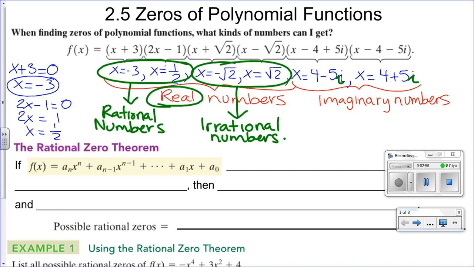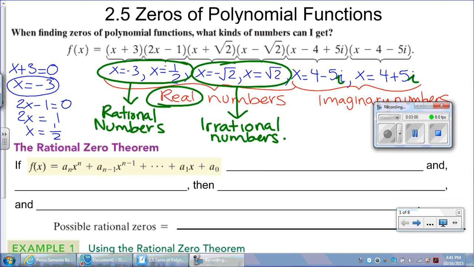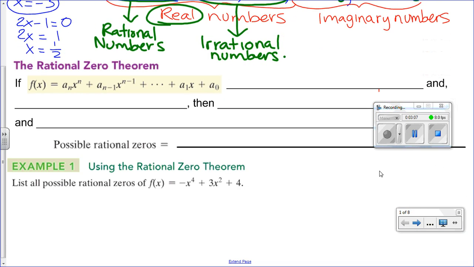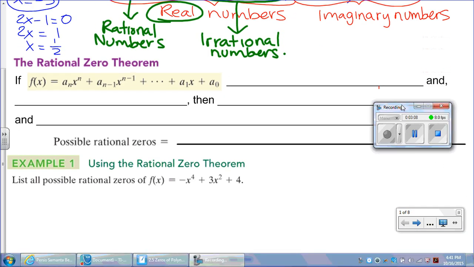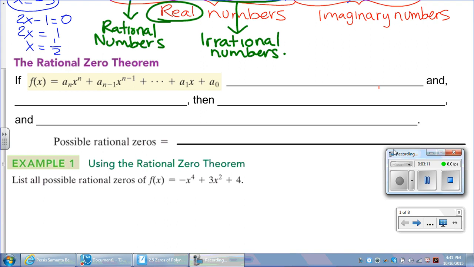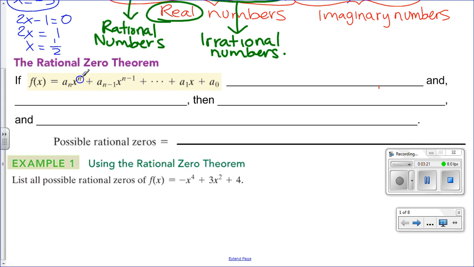So that will take us to the first one of the theorems for this section, and that will be the rational zero theorem. So first, I want you to write the following definition. If f of x, and we have the polynomial here, remember n is the degree, and a sub n is the leading coefficient.